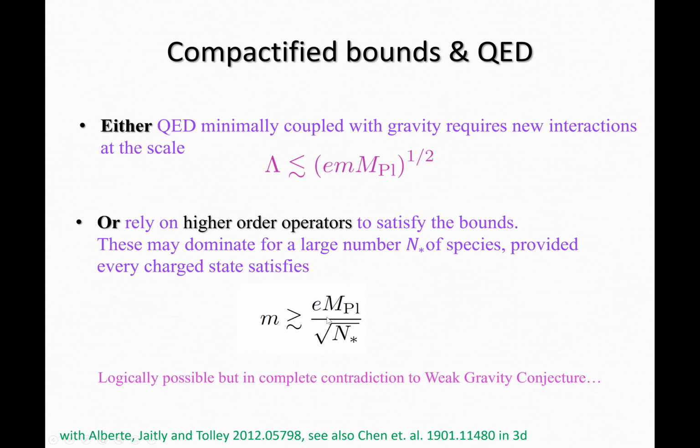And now you see that the issue is that this M Planck over square root n is actually nothing other than the effective cutoff that comes in from the species bound. And so you really have, if e is 1 over 137, a very small window of opportunity where this could happen. So again, this is a logical possibility, but it would be in complete tension with the typical weak gravity conjecture that we would like to prove.